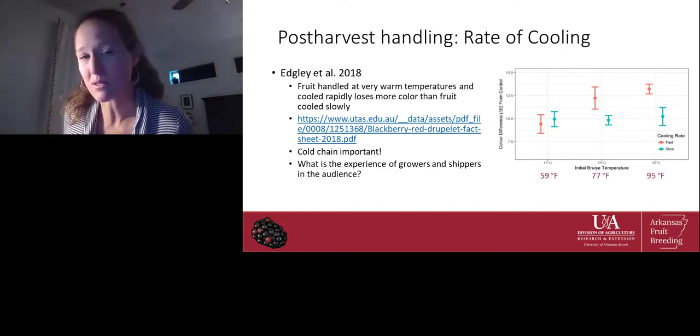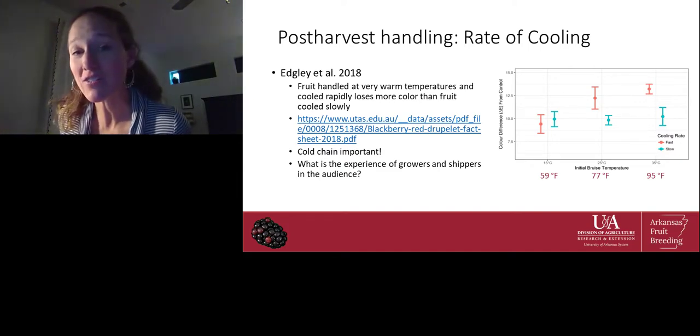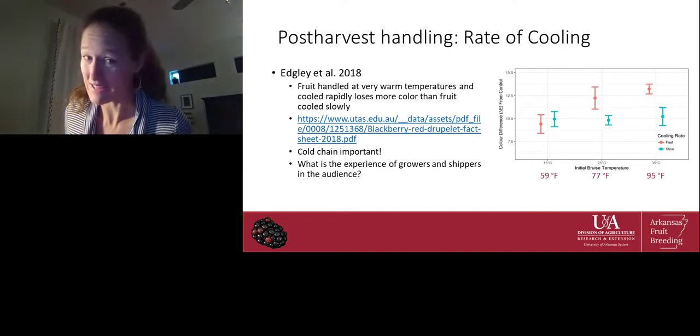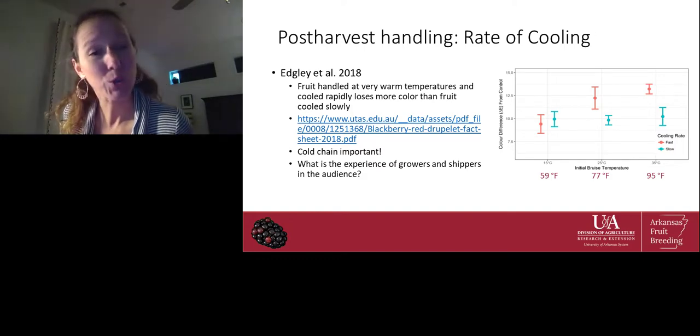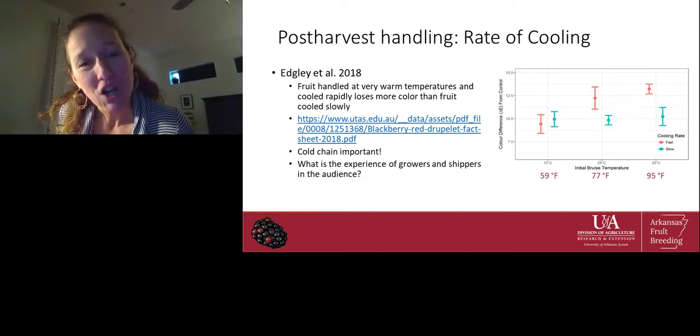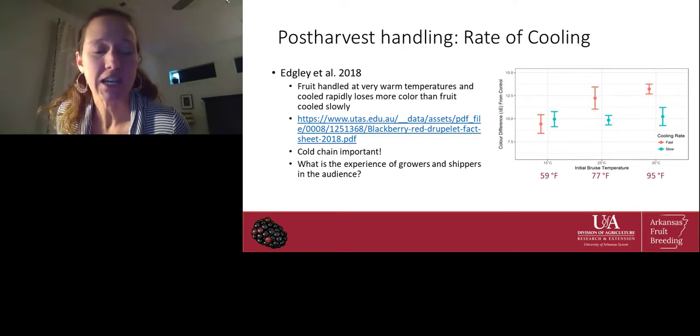Not very much detail was given, so I can't say what exactly constituted rapid versus slow cooling, but he found much higher rates of reversion with the fast cooling rate than with the slow cooling, and the effect was intensified the hotter it got when you were doing the bruising.